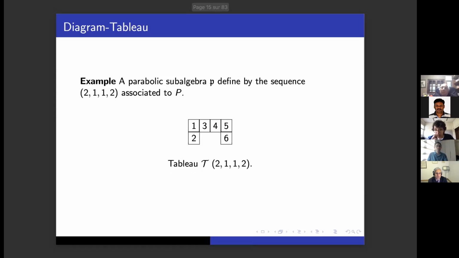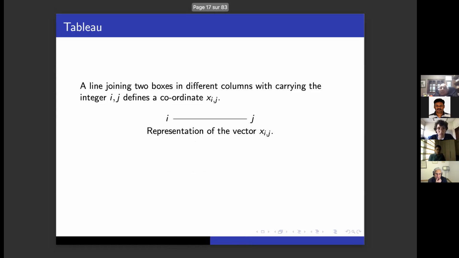Now I will number them. In a few minutes I will draw lines between boxes, and I do not want to encumber my figures, so I will take off the boxes, but I will keep the terminology of boxes.